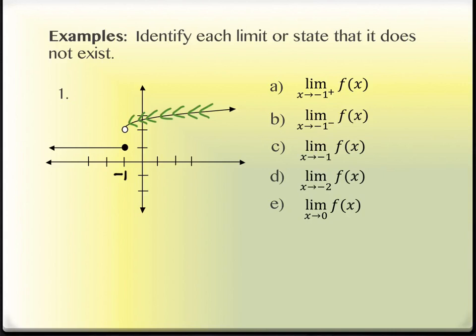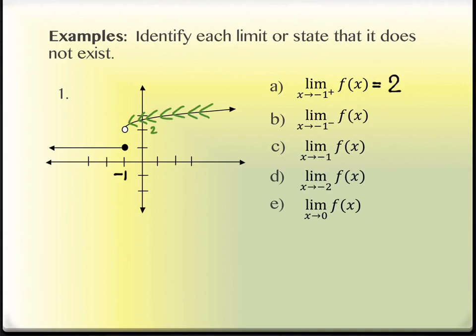Looks like it's not filled in. But what y value does that open circle represent? 2, right? It's at a value of 2. This looks like it's at about 2 right here, I'd say. So when we're looking at part A, where we're approaching from the right, this is at 2. It's just the y value I'm getting close to.